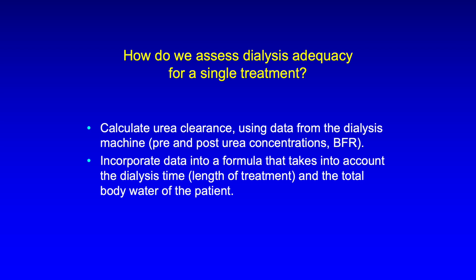It incorporates this data into a formula that also takes into account the length of the dialysis treatment and the total body water of the patient. And it calculates this unitless parameter called KT/V.